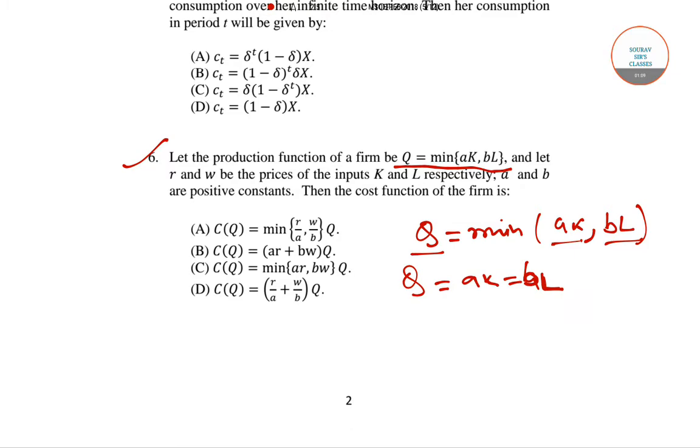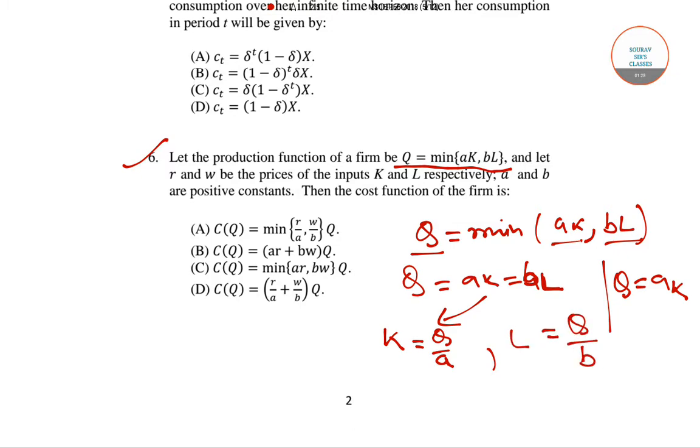Now from here we can find the value of K. Q equals AK could be written as K equals Q by A, and also L could be written as Q by B. So K could be written as Q by A and L could be written as Q by B.